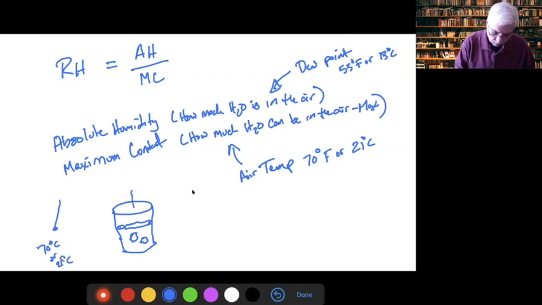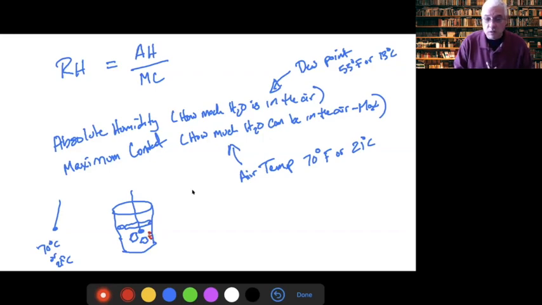Then you're going to put your thermometer in and you're going to stir up this glass. Now what's going to happen is the water's going to cool down and the side of the glass is going to cool down and the air right next to the glass is going to cool down. And as it gets cooler and cooler and cooler, what's eventually going to happen is you're going to start to have some condensation build on the glass.